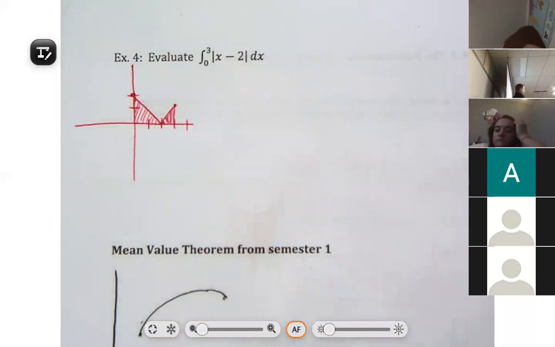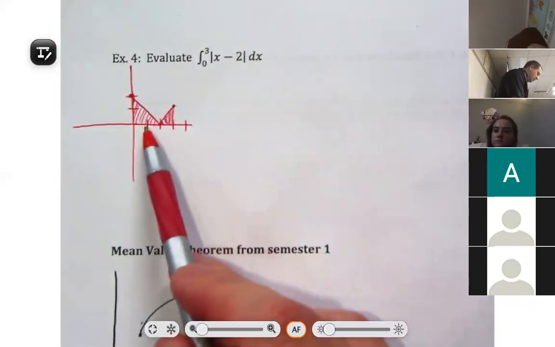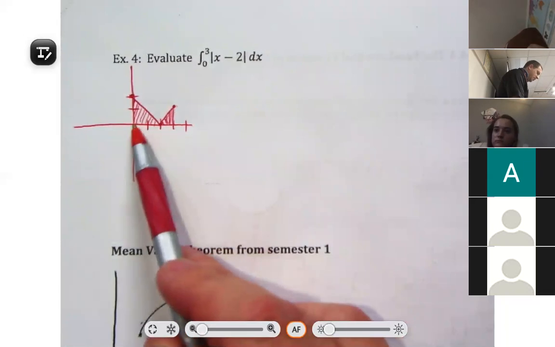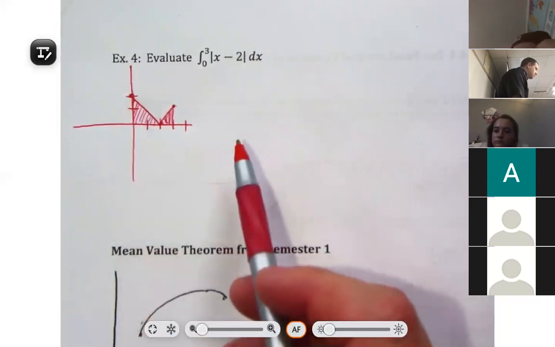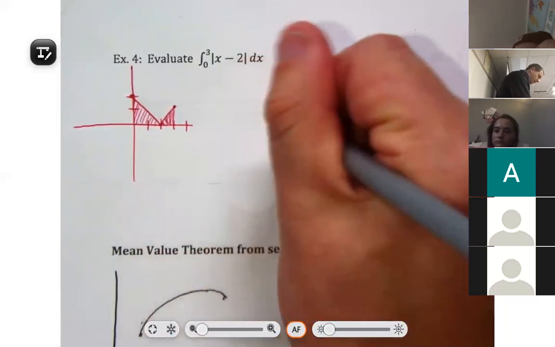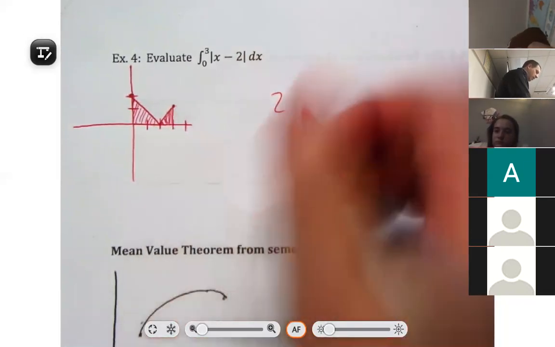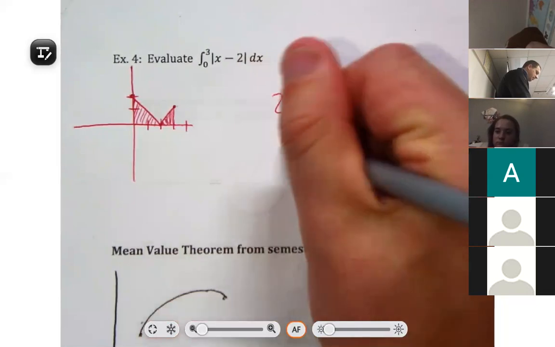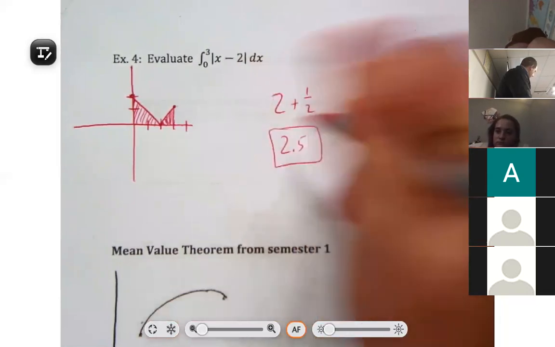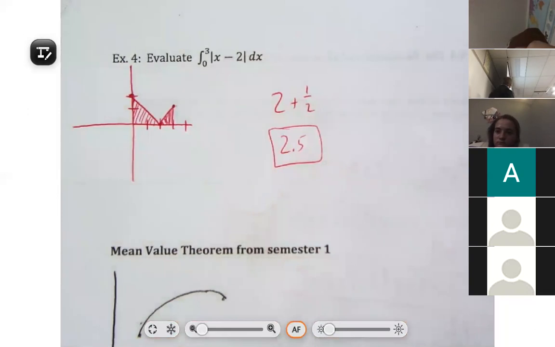Absolute value is too hard to work with algebraically. So I just have to find the area of each little triangle. So this is, let's see, 1/2 times 2 times 2. So 2. And then 1/2 times 1 times 1. So 1/2. So 2.5.